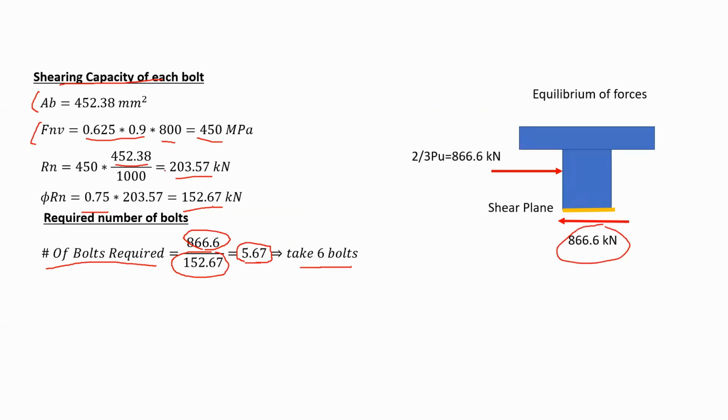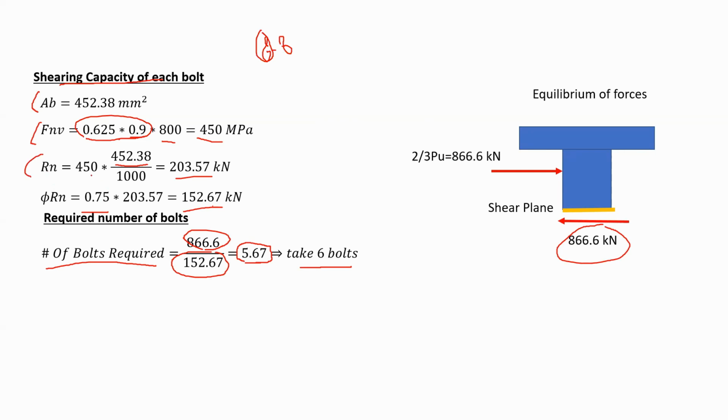Also, I would like to consider the shearing stress, or the shearing capacity, of one bolt. Since the threads are excluded, as specified in the problem, I'm saying 0.625 multiplied by 0.9 multiplied by F ultimate. Since we have grade 8.8, of course, F ultimate would be equal to 8 multiplied by 100, therefore 800. Now from there, FNV is equal to 450 megapascals.